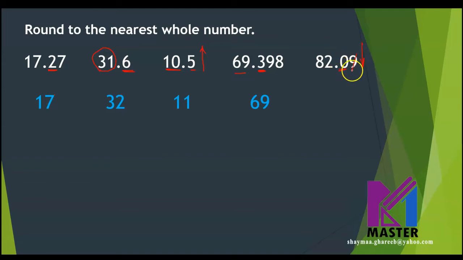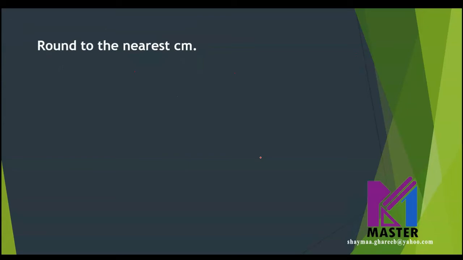I don't look at the hundredths place or whatever digits in the thousandths places. Is this clear? We only focus on the digit that is in the tenths place. This is the only digit that can tell me, am I going to round up or down? So this number will be rounded down, so it will be 82. Is this clear? Let's see more examples.